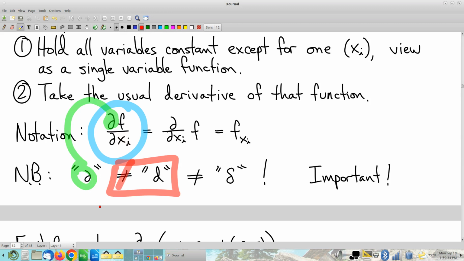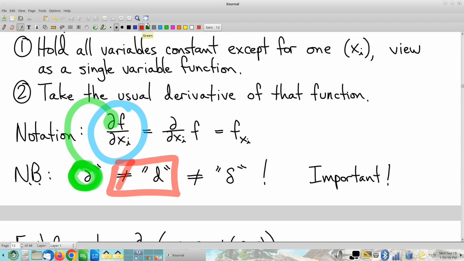You cannot use a D instead of that symbol. That would be wrong. So sadly, annoyingly, you've got yet another new symbol here, what we call the partial symbol, that you've got to practice how to draw.